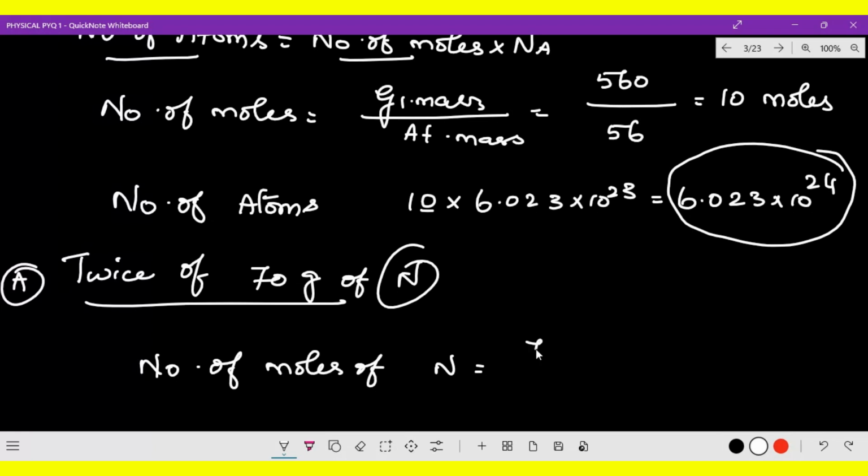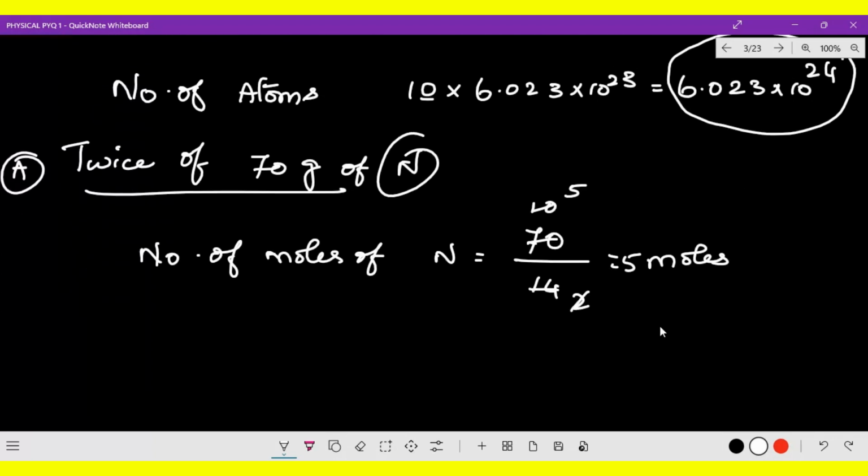The given mass is 70, and the atomic mass of nitrogen is 14. Seven twos are 14, so 70 divided by 14 gives 5 moles.